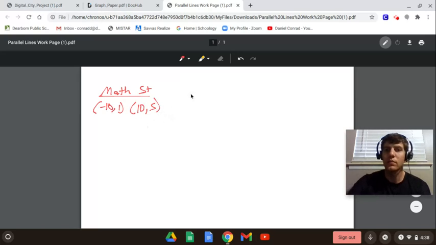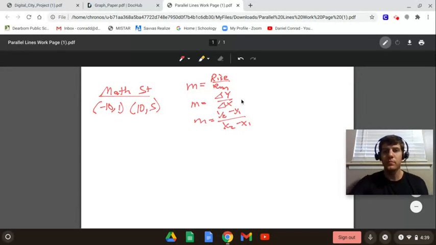So the first thing we need is the slope. So slope is rise over run, also known as change in y over change in x, which again can also be written as y2 minus y1 over x2 minus x1. So all those are different ways to write slope.